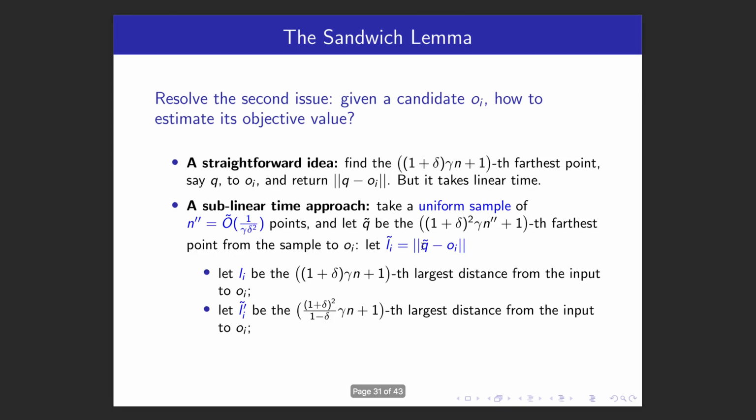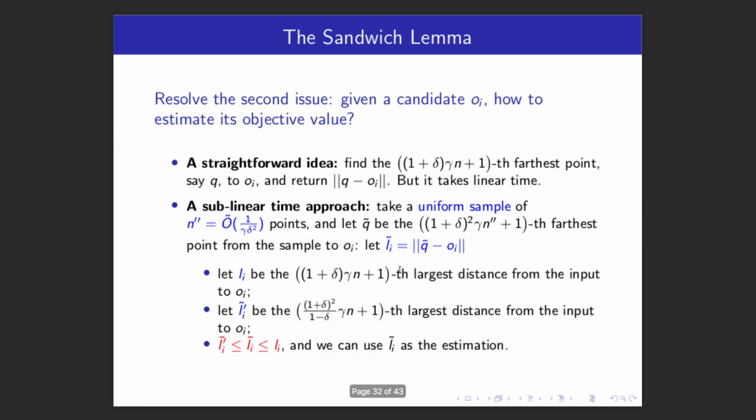To estimate the range of this value, we have two carefully designed values, Li and Li prime tilde. So we prove that Li tilde is bounded by these two values. Then we can use this value as estimation.